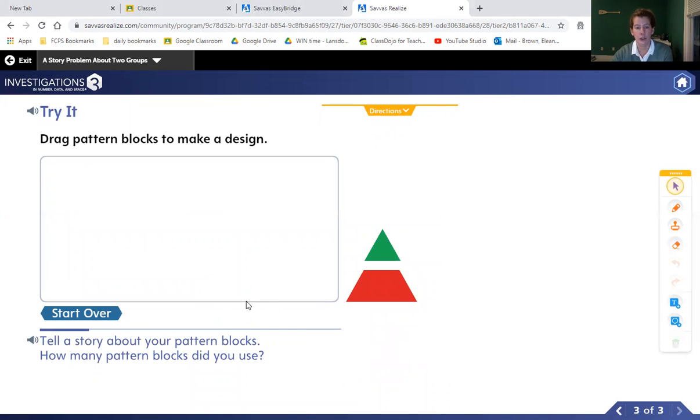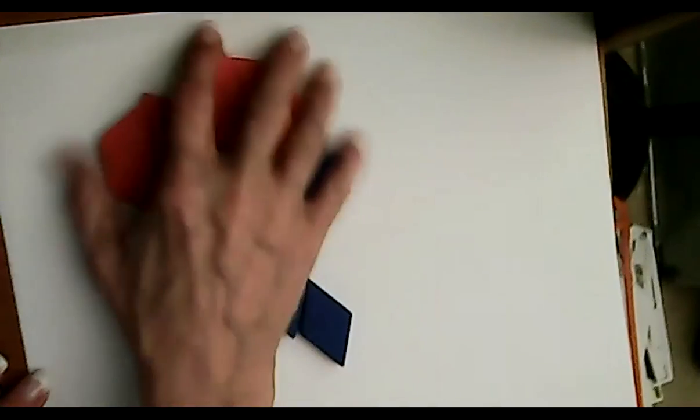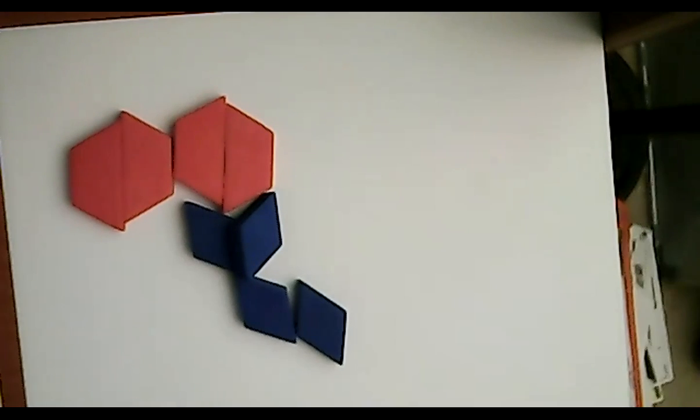Now, you can create your story problem on here, or you can get your own shapes out, like mine. And you can do what they said and make your own story problem.